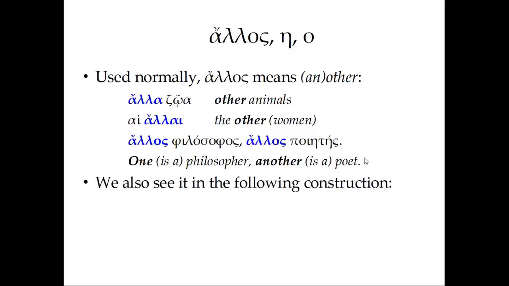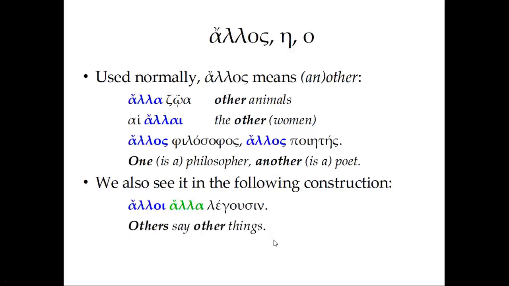We also see this adjective in the following construction. We'll see this a couple times in the readings. Alloi alla legousin. Here we have our subject here, alloi. This is really our adjectival noun. Alla, our object, neuter plural accusative. Others, literally, say other things. Others say other things.